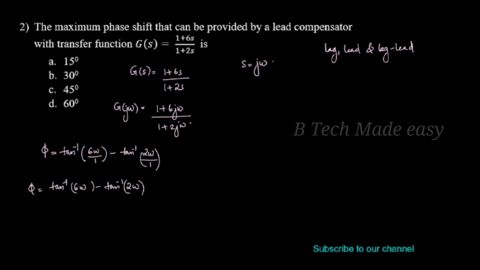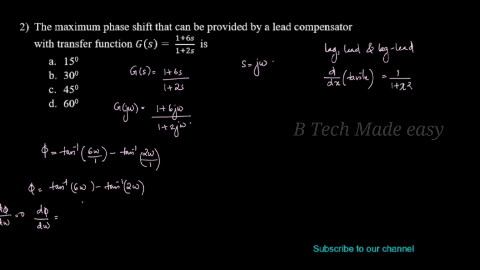Now, for finding the maximum phase shift, you have to differentiate φ with respect to ω and equate this to 0. That is, dφ/dω = 0. We know that d/dx of tan inverse x is equal to 1/(1 + x²).